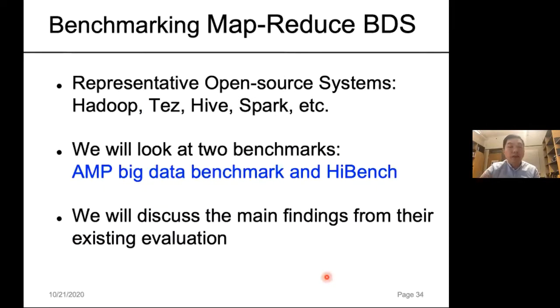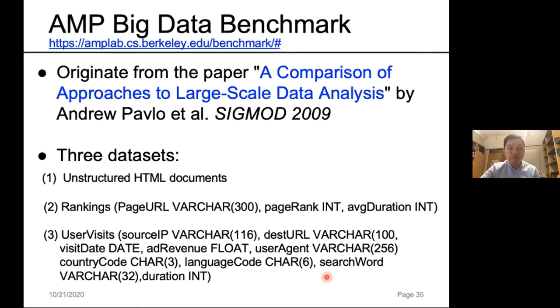The representative open source systems are Hadoop, Tez, Hive, and Spark. We will look at two benchmarks, the AMP Big Data Benchmark and HiveBench. We will also discuss the main findings from their existing evaluations.